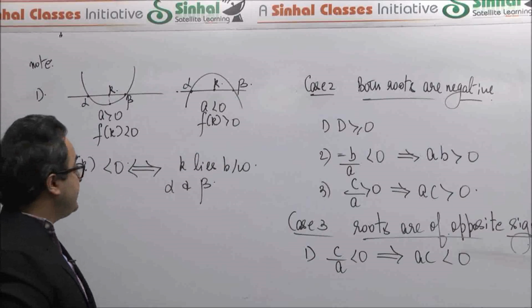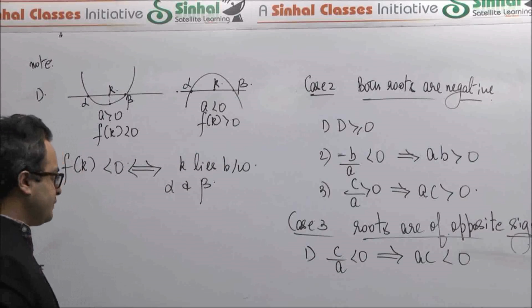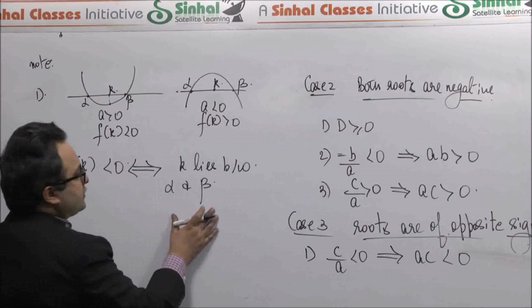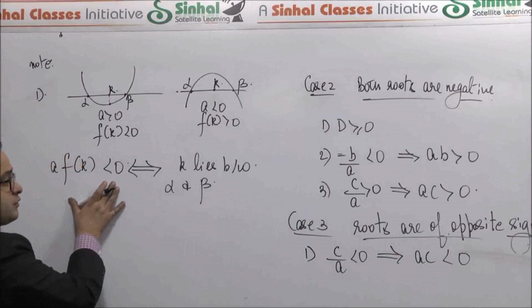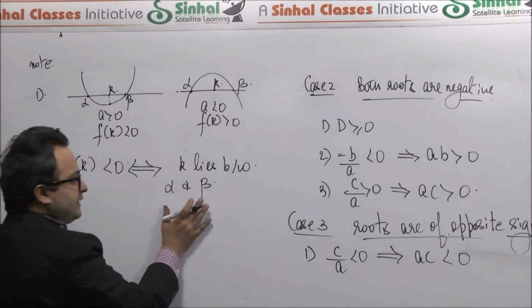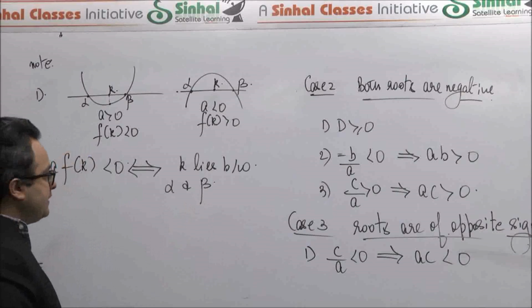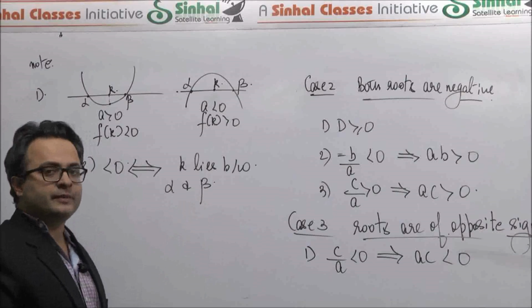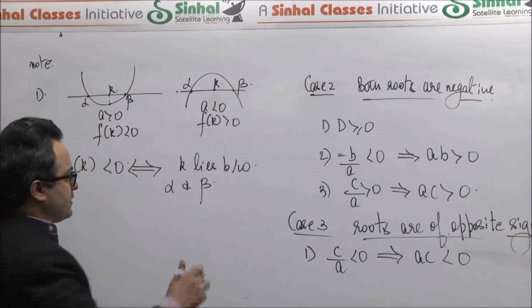It is important to note that there is a double implication over here, which means that if k lies between alpha and beta, then of course this is true. But if a into f of k is negative, then that will also imply that k lies between alpha and beta, which then automatically will also imply that the discriminant is positive.